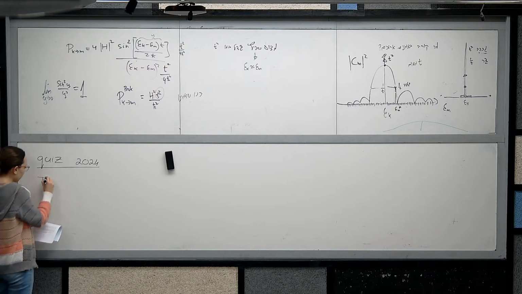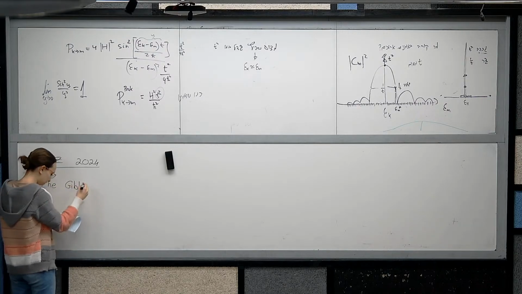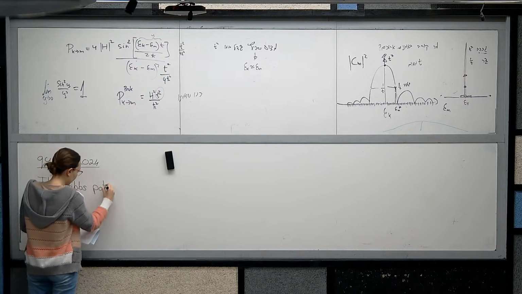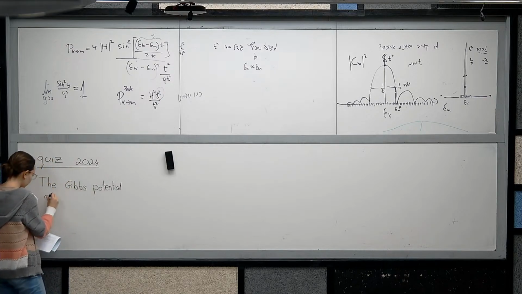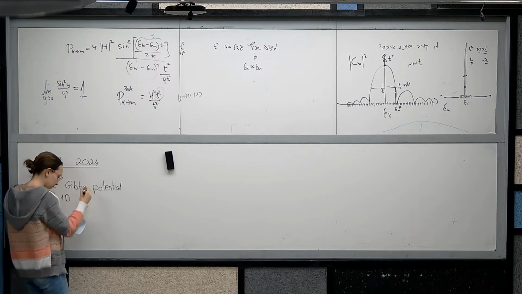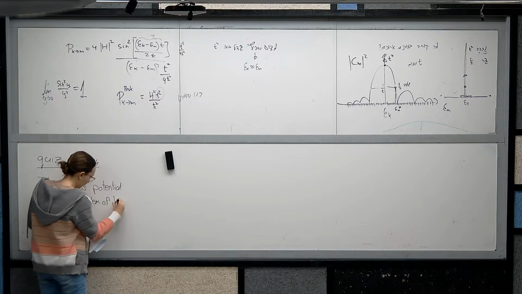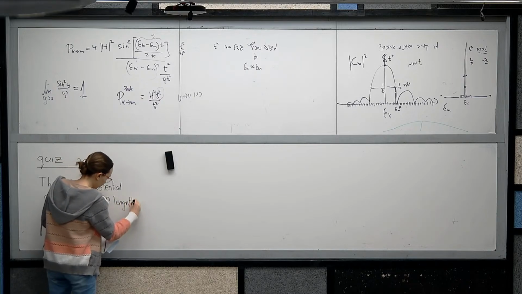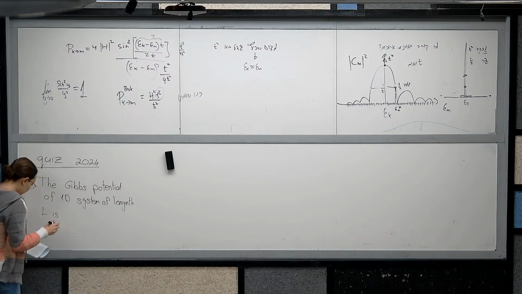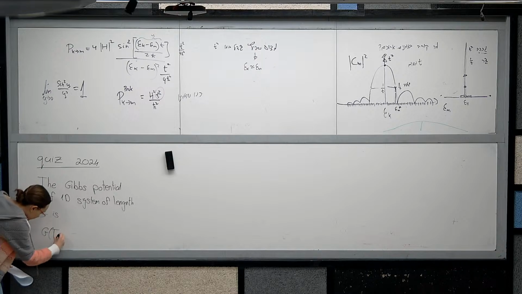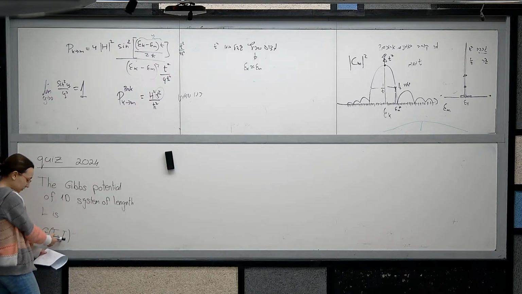Okay, so the question goes like this. We have a Gibbs potential of a one-dimensional system of length L. G is dependent on T and tau, where T is the temperature and tau is the tension.